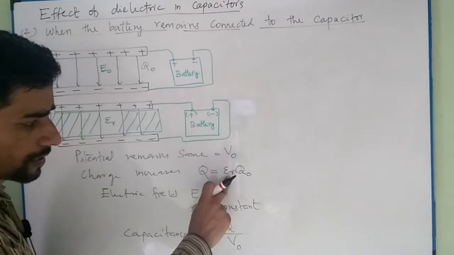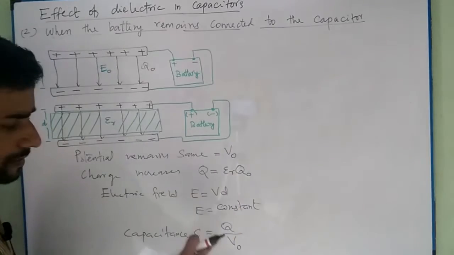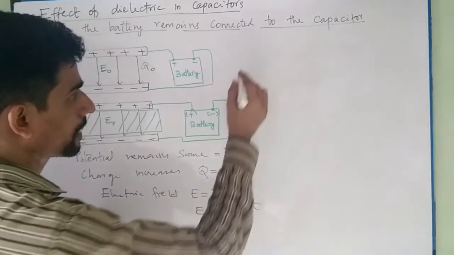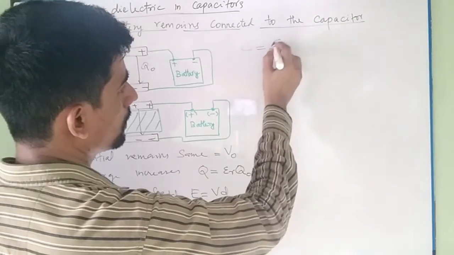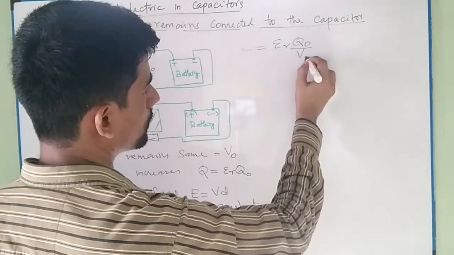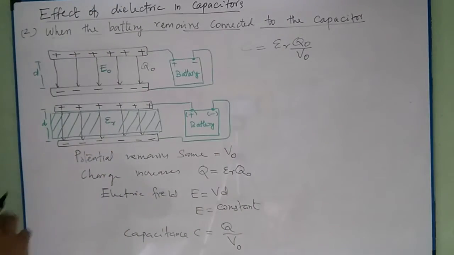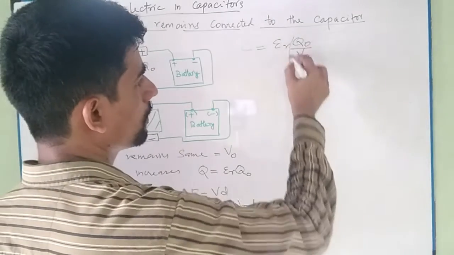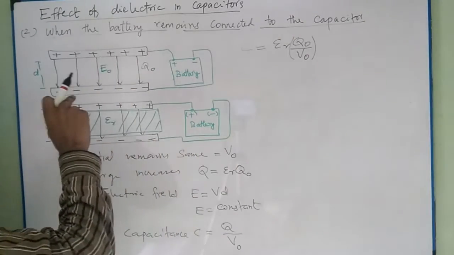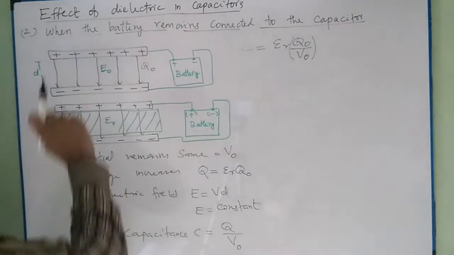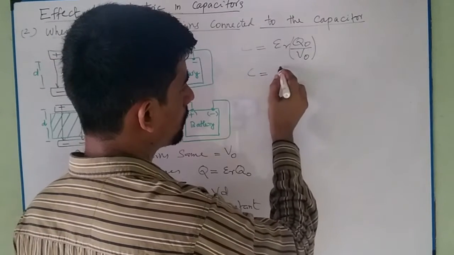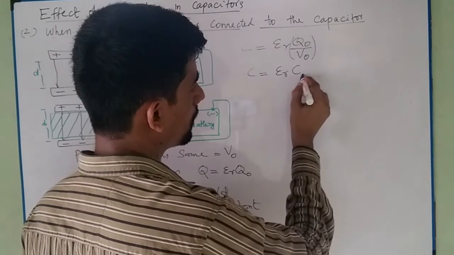Q is equal to epsilon R Q0. Substituting, C is equal to epsilon R Q0 divided by V0. Q0 by V0 is nothing but the capacitance of the capacitor before the insertion of the dielectric, which is C0. So C is equal to epsilon R C0.